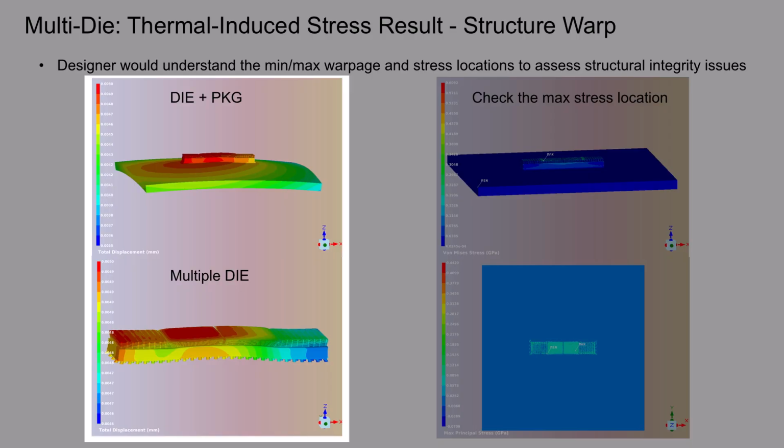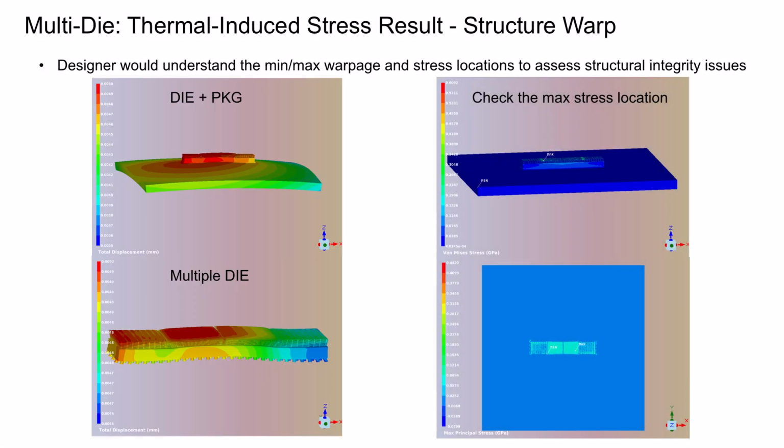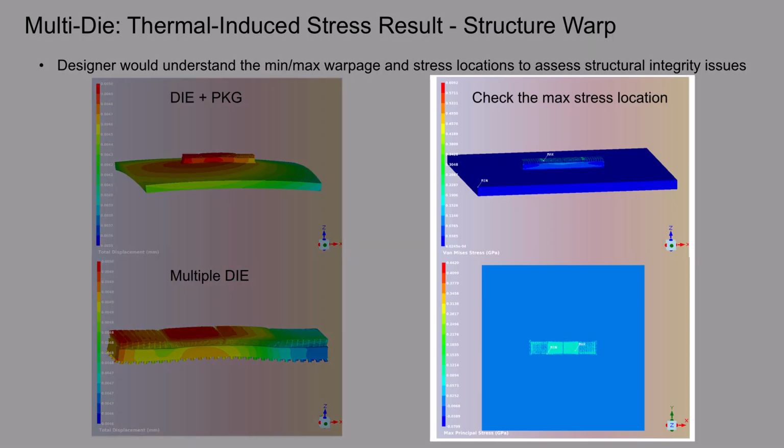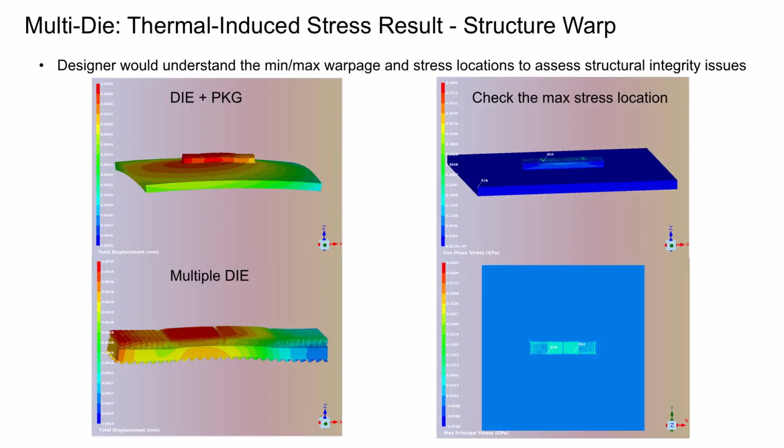First is the maximum warpage, how much the stack bends, and whether that goes beyond some limitations and specifications. The second is maximum stress, the most mechanically vulnerable points. But note, these stress results rely on accurate thermal simulation data as well. The thermal expansion patterns form the baseline for predicting structural deformation, just like the example shown here.